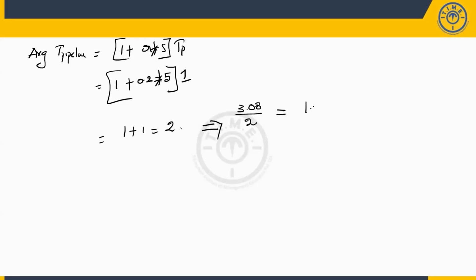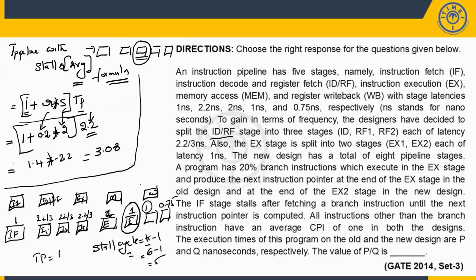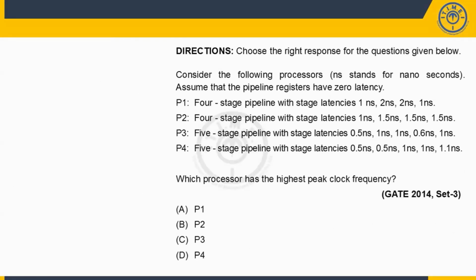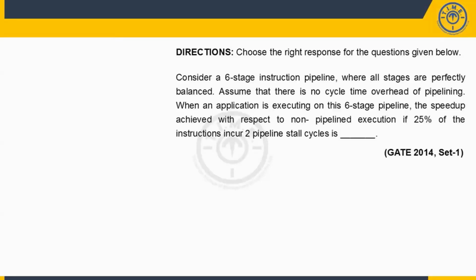Am I correct? 1.54. Yes, sir. Yeah, 1.54 is the correct answer. Is this completely understood? Yes, sir. Can we go to the next question? Now solve this. You also need to solve the similar question.